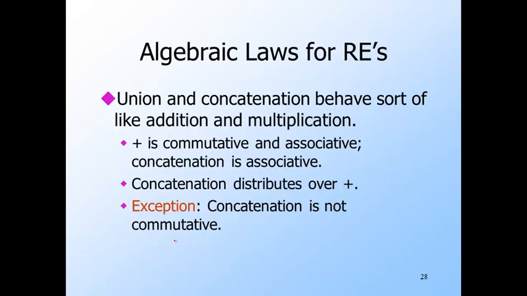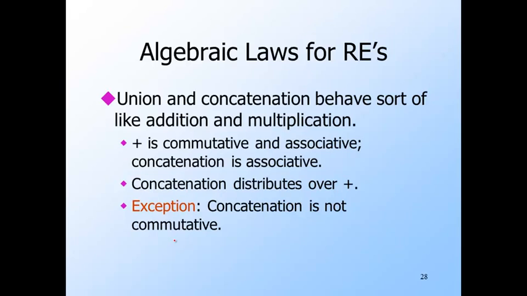Okay, we're going to finish up with a little discussion of the algebraic laws for regular expressions. We have several times argued that two different regular expressions represent the same language, and therefore one can be substituted for the other. Now, these are examples of the sort of algebraic laws that we find in the algebra of regular expressions, arithmetic, Boolean algebra, and other algebras.